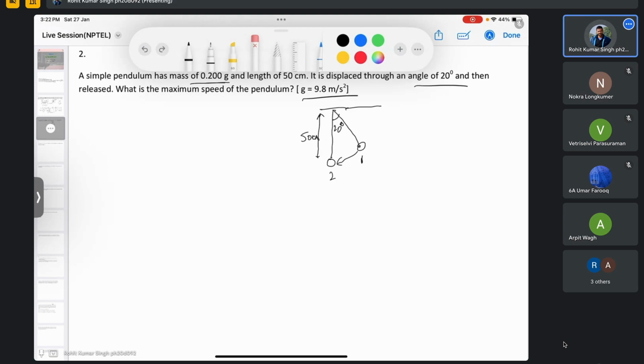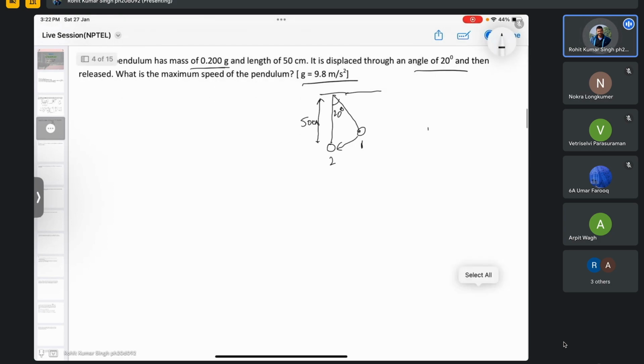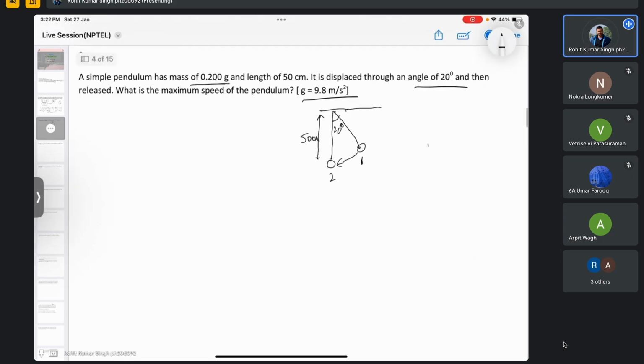When we displace the pendulum, what did we do? We gave some potential energy to this pendulum, right? Some potential energy U, and when we released it, this potential energy got converted into kinetic energy.